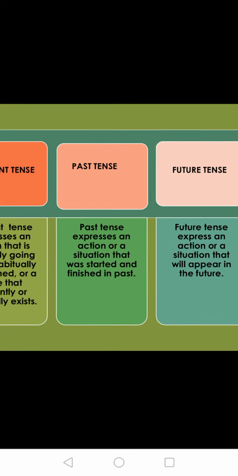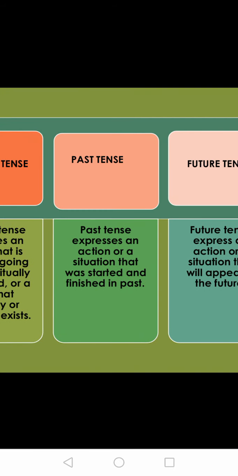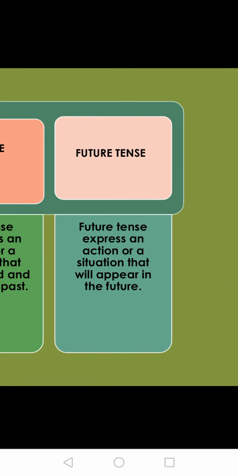Next is our past tense. Past tense expresses an action or a situation that was started and finished in past. The work you have done and that work is finished now was started and finished in past. In the past itself it was completed. So that is past tense. And third is your future tense.